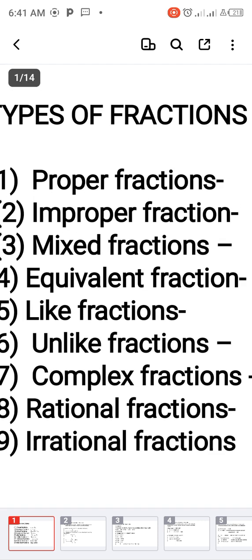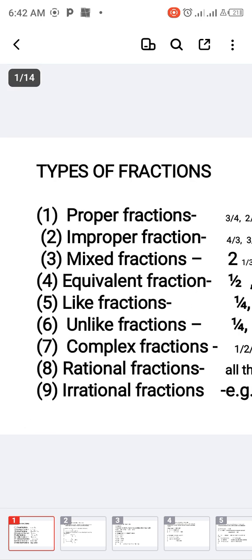There is mixed fraction, equivalent fraction, like fractions, unlike fractions, complex fraction, rational fraction, and irrational fractions. Now, let us take pains to explain how each type of fraction differs from one another.